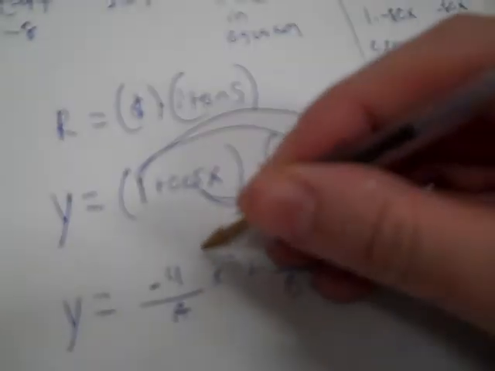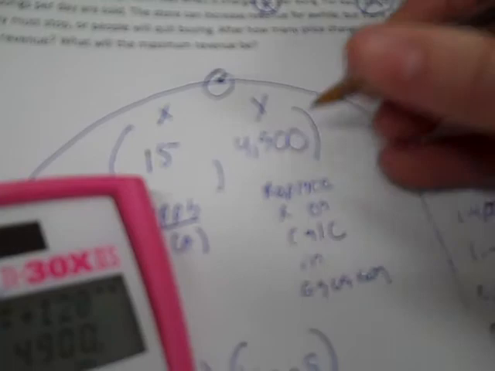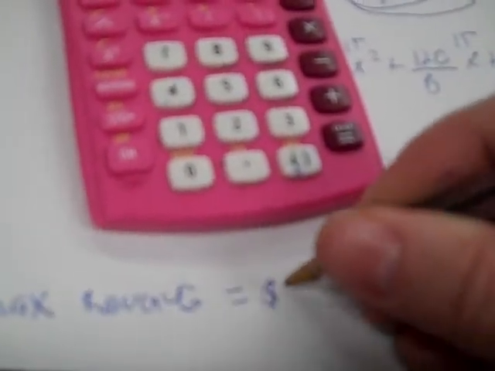But that's not your max revenue. You need to put 15 in for the X's. So negative 4 parentheses 15 to the second plus 120 parentheses 15 plus 4,000. I got 4,900. And that's your maximum revenue.